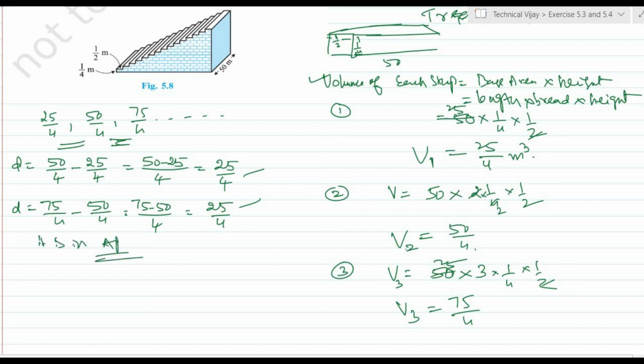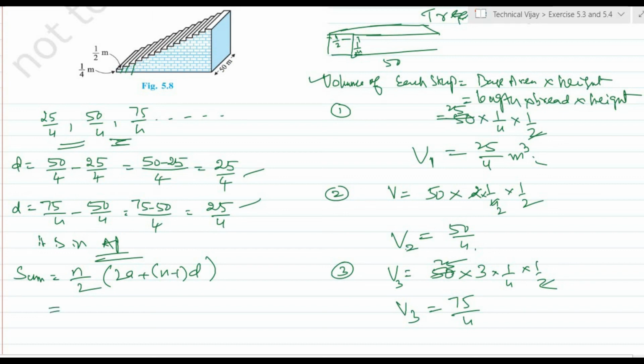So we can apply the formula for the sum, that is sum is equal to n divided by 2 into 2a plus n minus 1 into D, because we have to calculate the total volume of the concrete. This is the first step, second step, third step, like this total 15 steps, and those volumes will be added up.